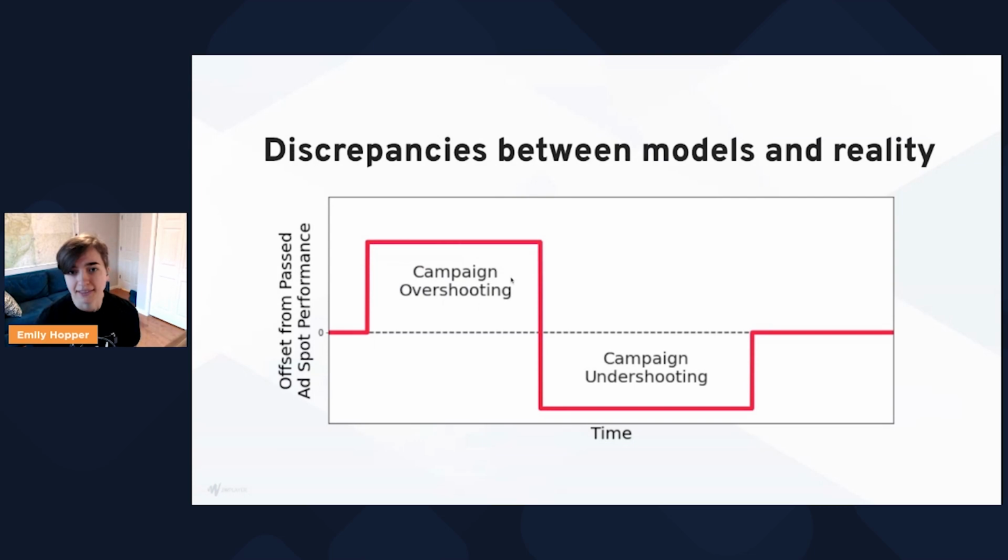And so here, the campaign, for whatever reason, is happening to place ads on ad spots that are more likely to be completed. And then over here, as it's undershooting, the ads that it's actually placing are on ad spots that are less likely to be completed relative to the ones that we're actually passing them.